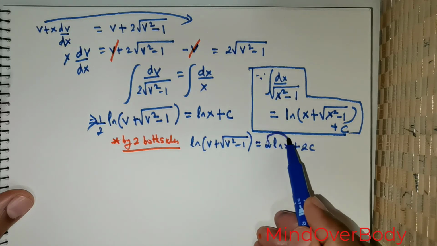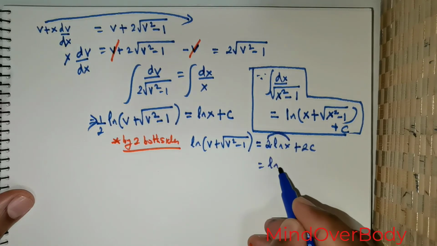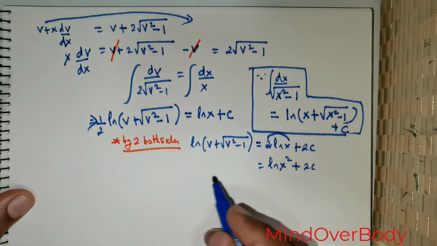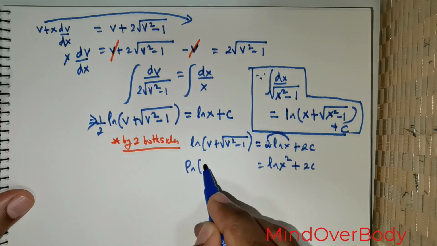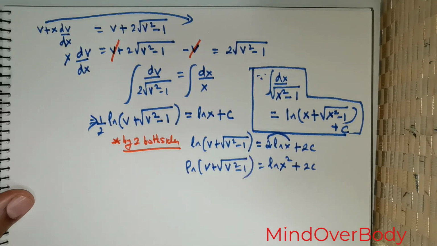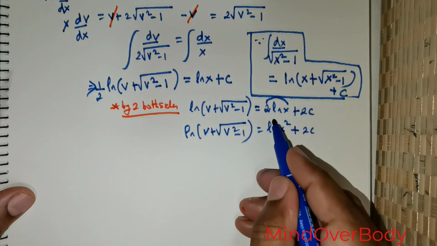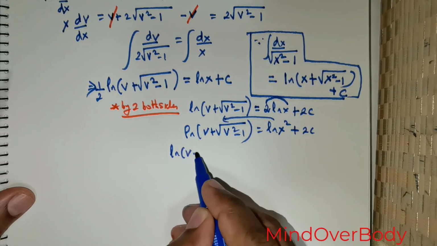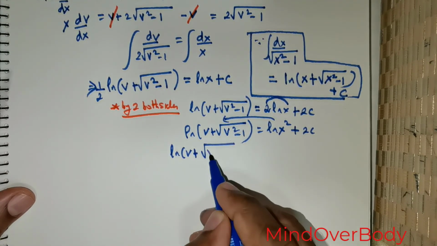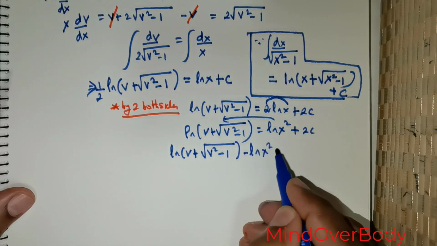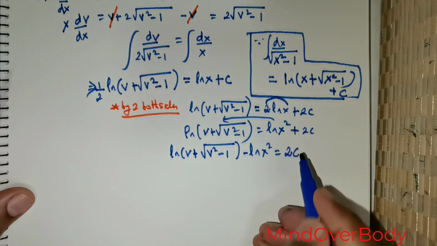I can move this 2 over here, so this is going to be ln of x² + 2c. On the left side it's going to be ln of v + root of v² − 1. Now I can move this ln x² to the left, so this is going to be ln of v + root of v² − 1 − ln x² is equal to 2 times c.